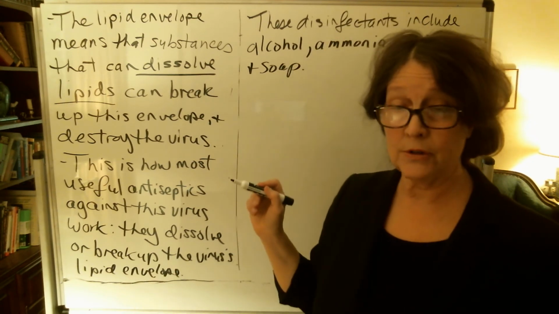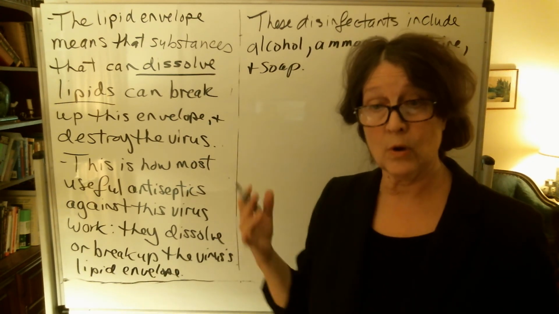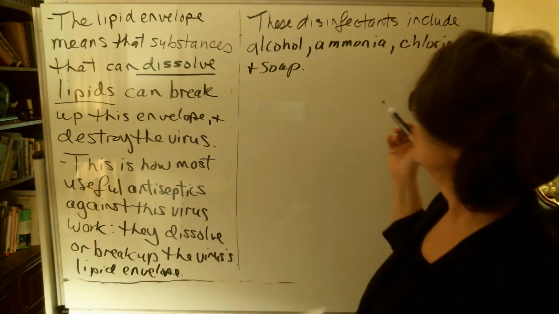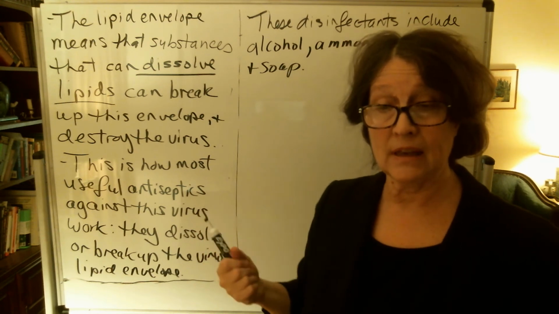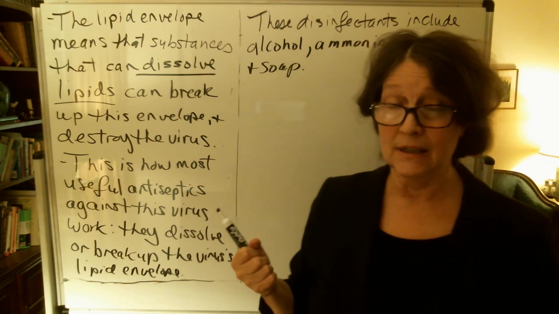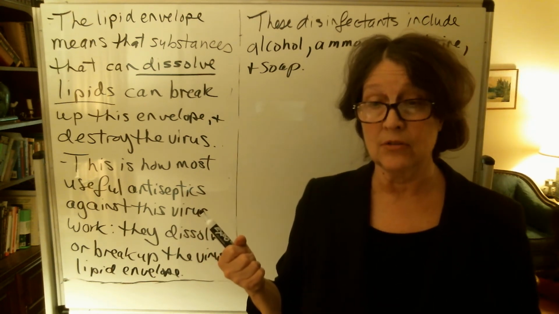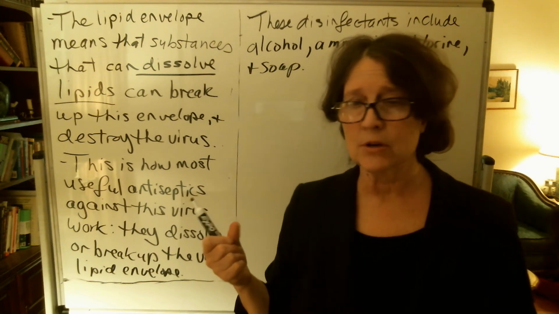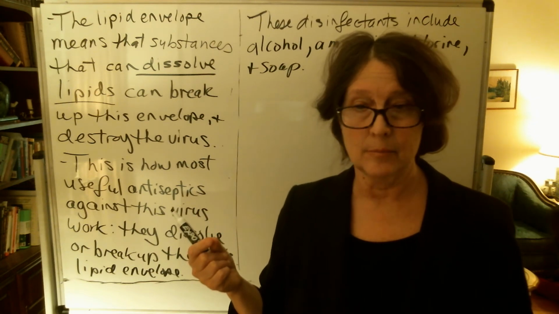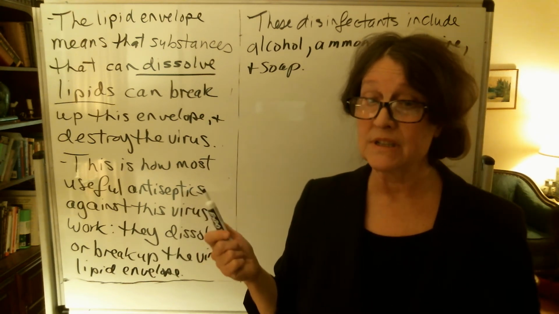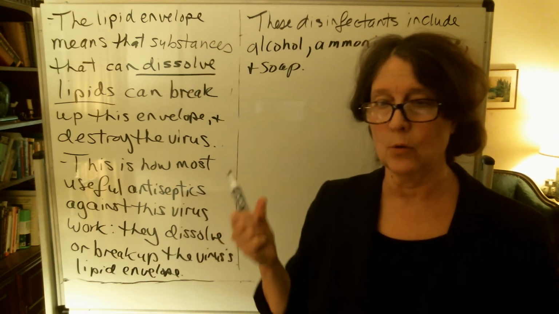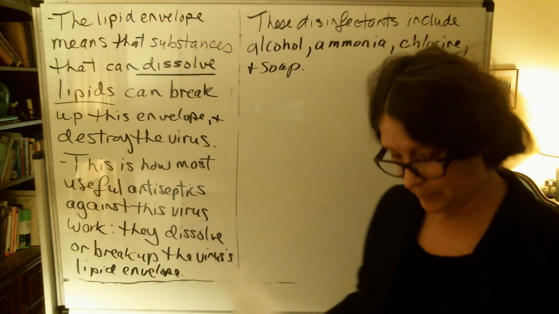That's why we were told to use hand sanitizer. That's why we're told to wash our hands with soap and water, because anything like that will basically break up that lipid membrane. Anything that will dissolve a lipid, and you can think of lipids as related to grease, basically. So if you think of all those things that will dissolve grease, you're at least getting a handle on what will dissolve a coronavirus.